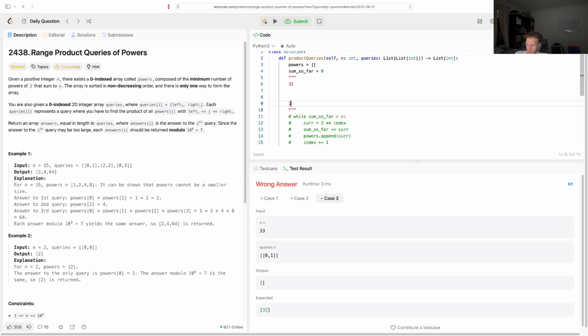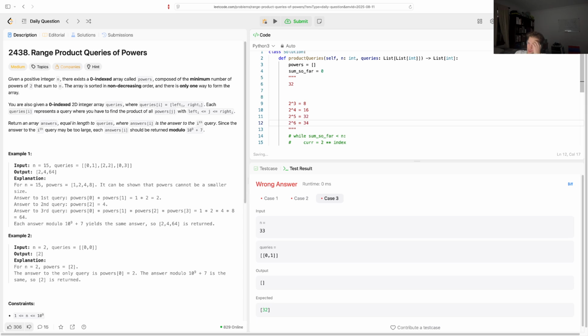I think 2 to the third is 8. 2 to the fourth is 16. 2 to the fifth is 32. Right? No, 2 to the sixth is 34.